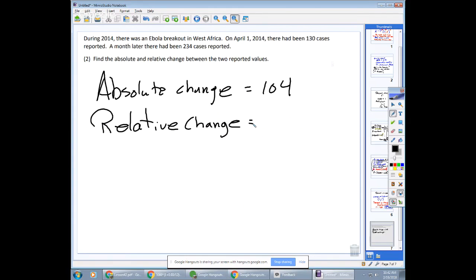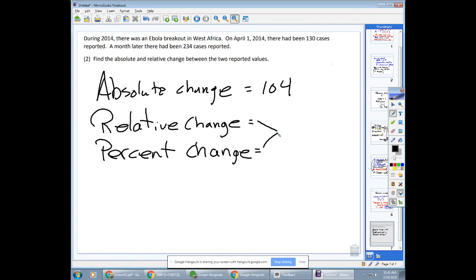What is it? Not average, no. Excellent, percent change. Percent change and relative change mean the same thing. How would we calculate the percent change here?